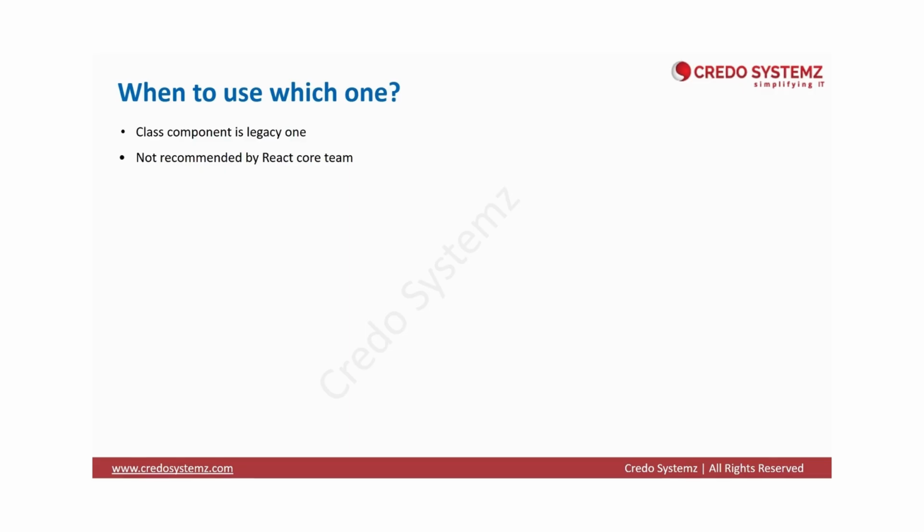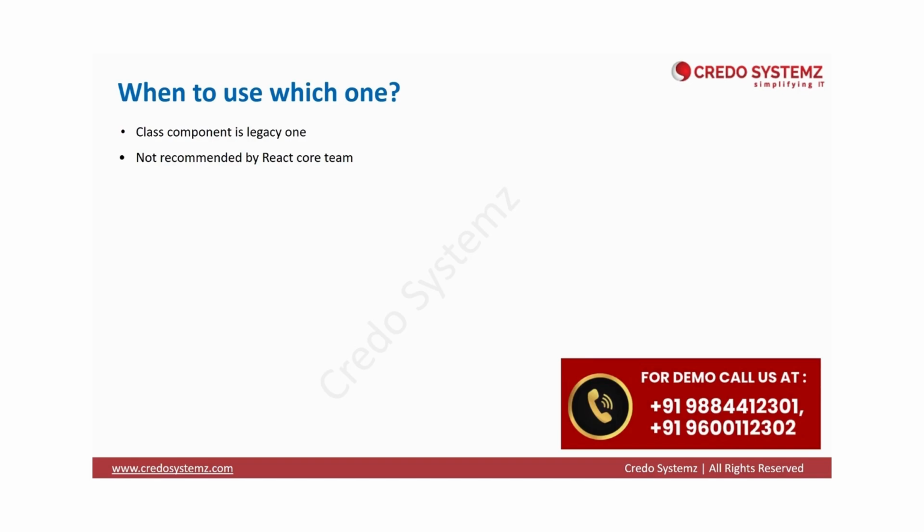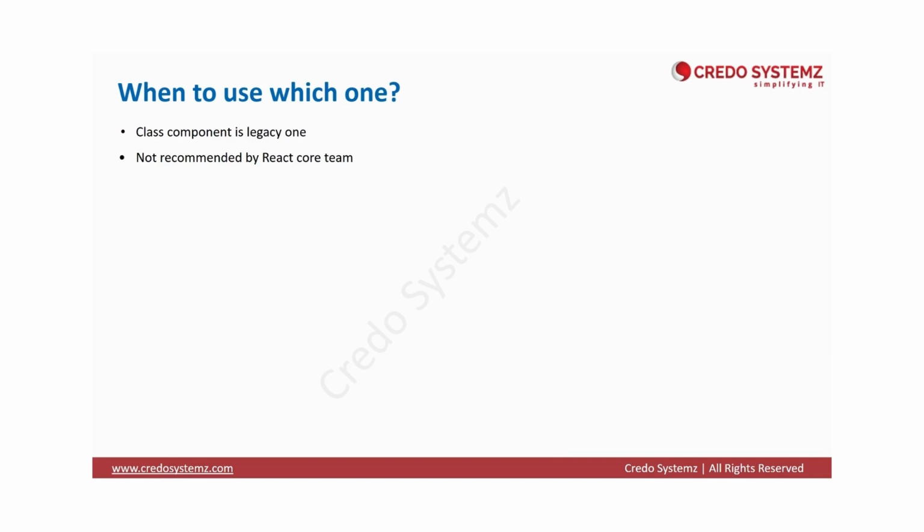So everywhere you go, we will be using function components only, because they are lighter, they run fast, and they have better performance compared to class components. The class component is the legacy one, available only in older projects. The function component is the recommended way, as I already told, and all the new projects follow the function component.